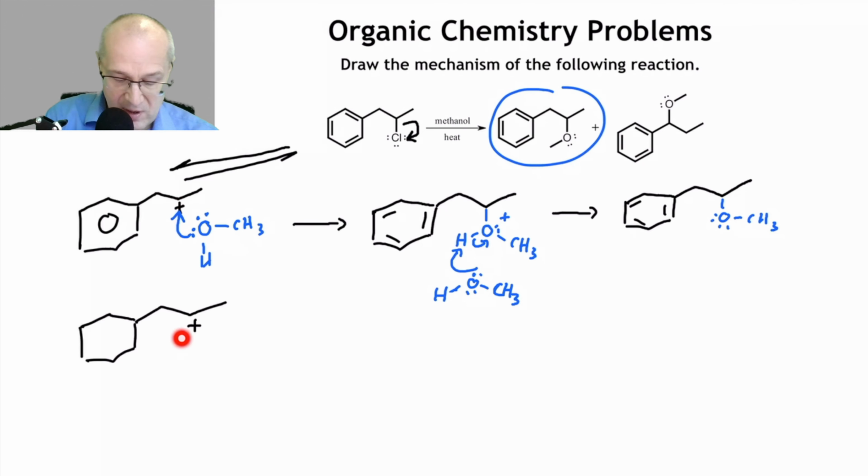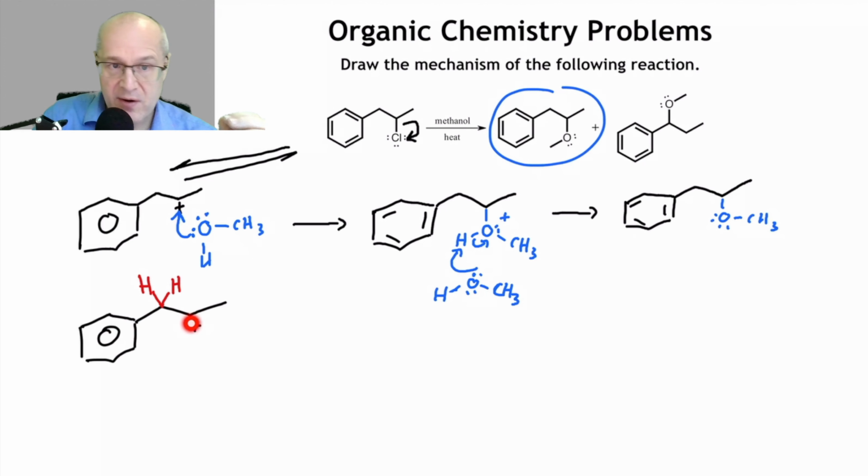I'm going to redraw my intermediate so I don't have a too congested drawing. All right, so now we have hydrogens on this carbon, right? And these hydrogens are classified as benzylic hydrogens. They're on a carbon adjacent to an aromatic ring, or a benzene ring, so they're considered benzylic hydrogens.